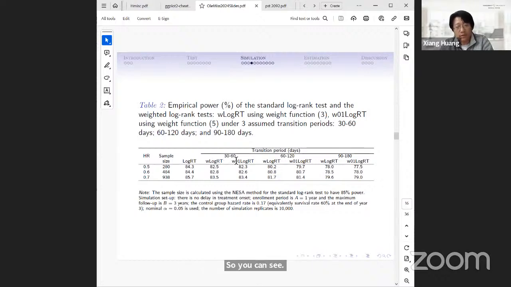We tried 3 different transition periods: one between 30 and 60 days, the other 60 to 120, and all are lower than 85. That is as expected, because in this scenario the standard log-rank test is the most powerful one.